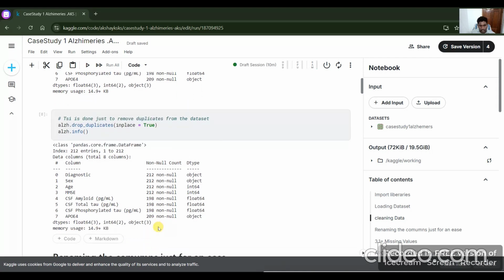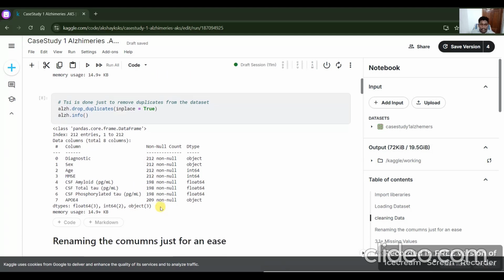In the removing duplicates step, we can see diagnosis is object, age is int64, and CSF amyloid is float. Here diagnosis, sex, age, MMSE, and CSF amyloid have 212 entries, and CSF total tau and CSF phosphorylated tau are non-null.